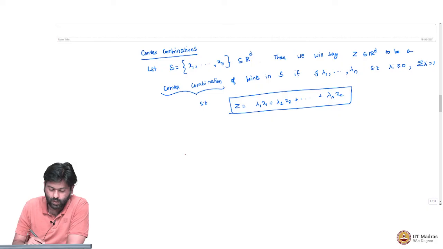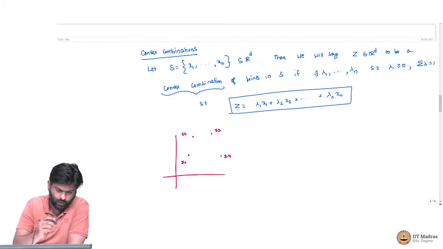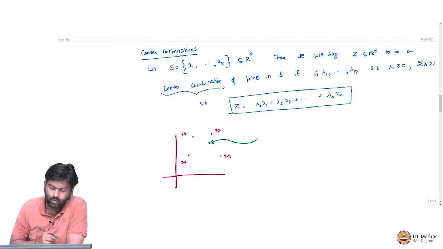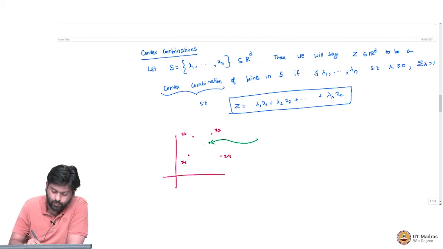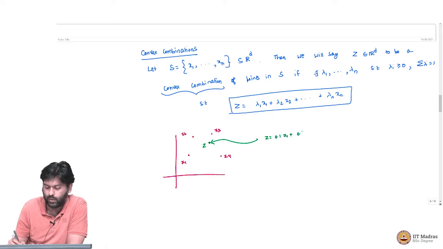What does that mean? Well, let us say again we are in R2 and I have a bunch of points, let us call these x1, x2, x3, x4, and now maybe here is a point. Now, I will call the green point a convex combination of the red points if maybe z is 0.1 times x1 plus 0.3 times x2 plus 0.5 times x3 plus 0.1 times x4.